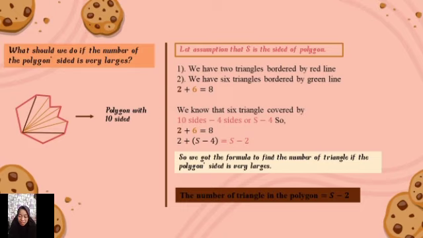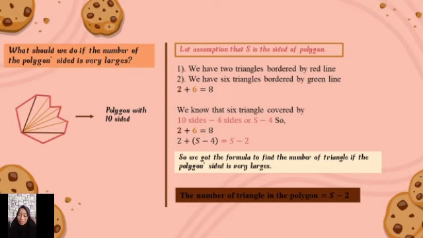You can see the picture again on the left side. And 2 plus 6 equals 8. We know that the 6 triangles are covered by 10 sides minus 4 sides, or s minus 4.